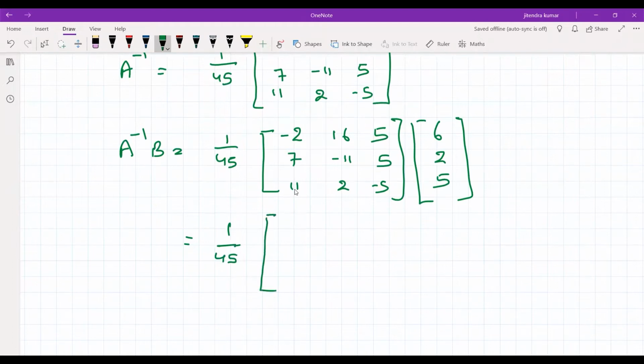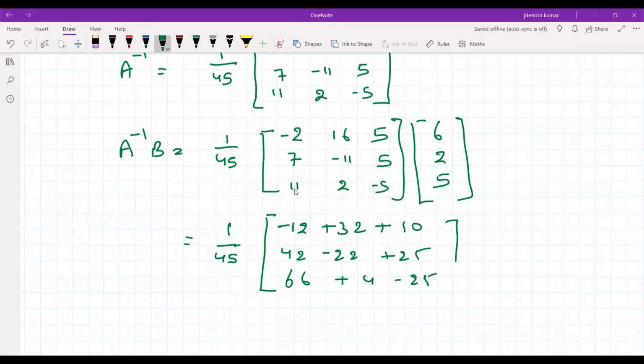Okay, so if we multiply it, we will have -12 plus 32 plus 10, then 42 minus 22 plus 25, and 66 plus 4 minus 25.